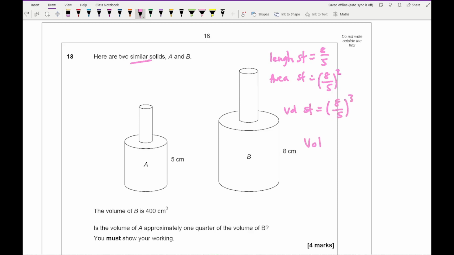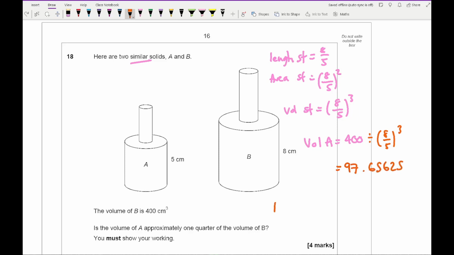So therefore, to work out the volume of A, it's going to be the volume of B, which is 400, divided by, because we're going smaller, 8/5 cubed. So the volume of A, if I type that into my calculator, 400 divided by 8/5 cubed, gives me an answer of 97.65625.